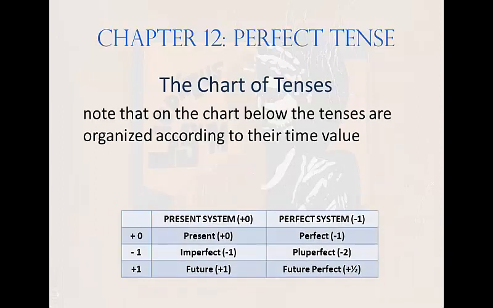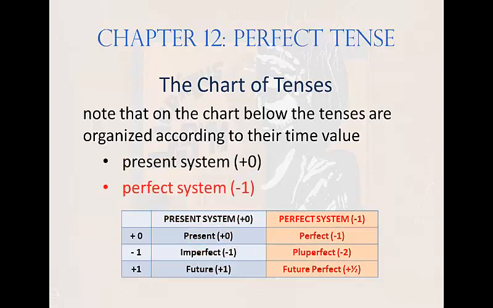One last thing to note about the relationship between tenses in Latin is how they're organized on the chart of Latin verbs. Note that the column on the left, the present system, starts at the top with a base tense, the present, which represents a +0 numerical time value.